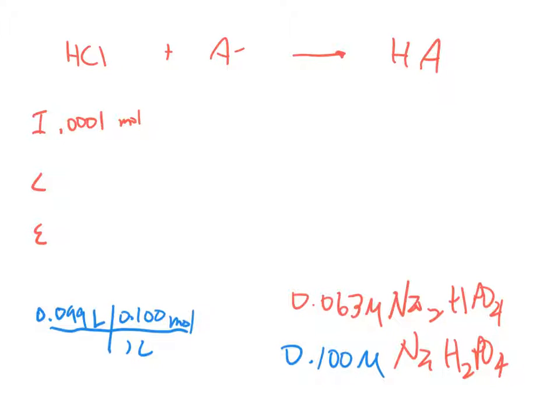That's the HA. The reason I want to say that is it's just easier to call it HA than to keep writing that all out. So when we do this, this comes up to 0.0099 moles of HA. So that's going to go here. 0.0099 moles.